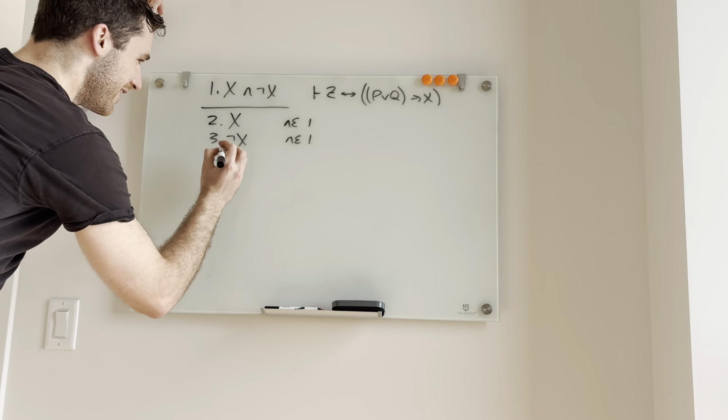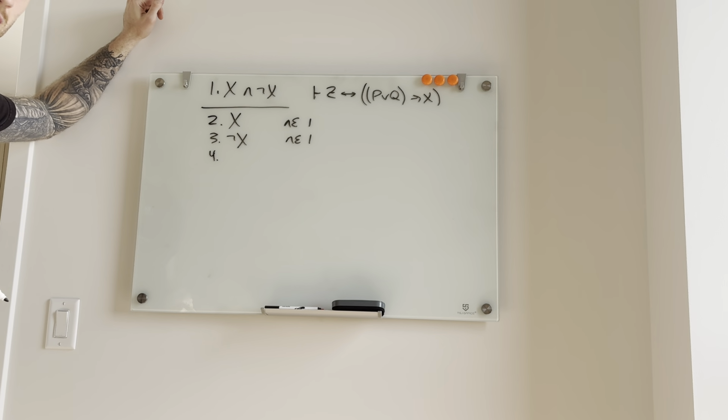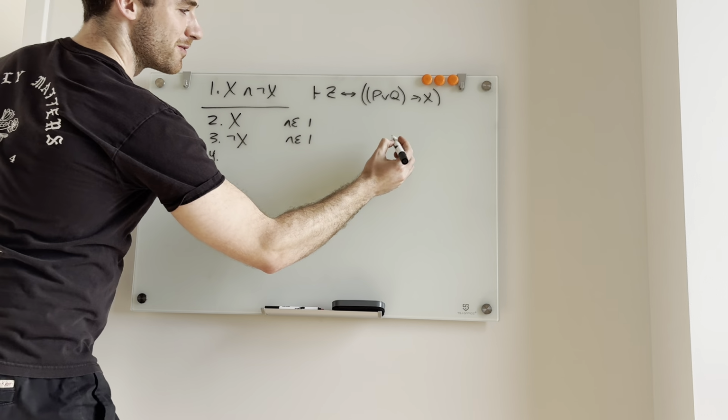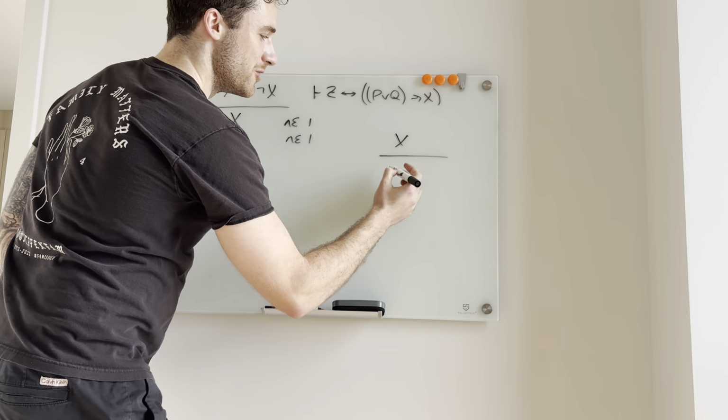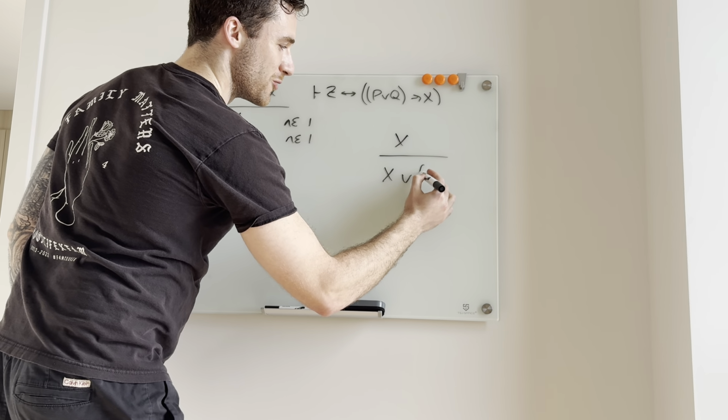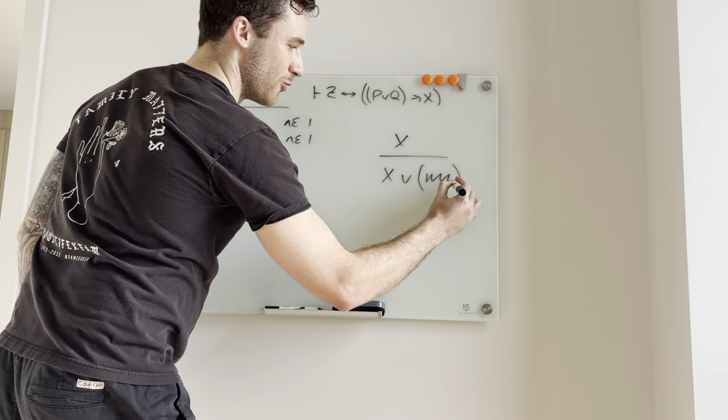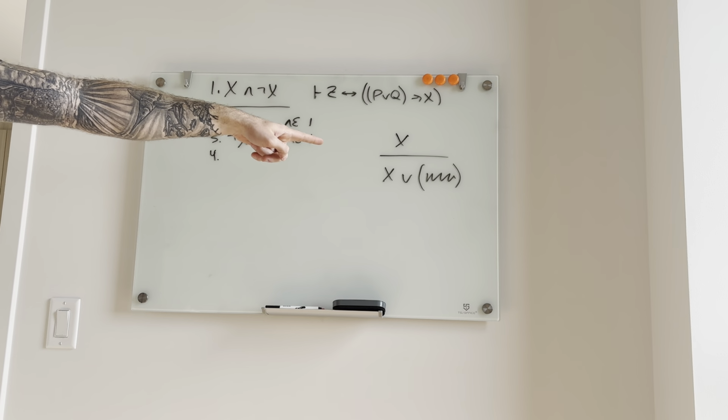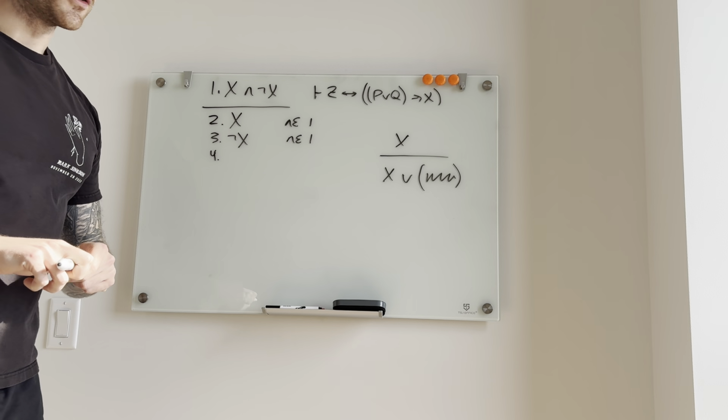Okay, now I'm going to pull a trick here. I'm going to take line 2, and I'm going to use or introduction on it. Remember that if you have this sentence X, you can add any other sentence you want with an or symbol. This is what or introduction allows us to do.